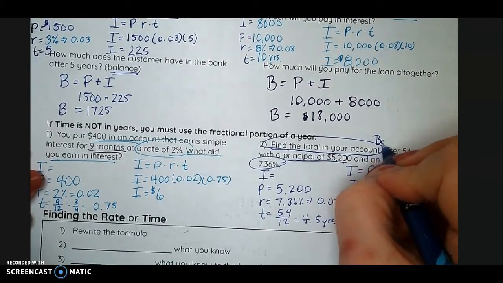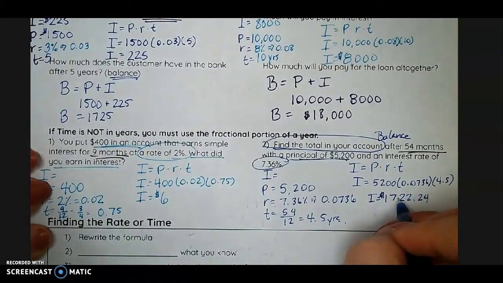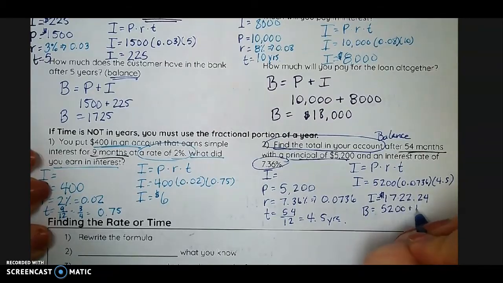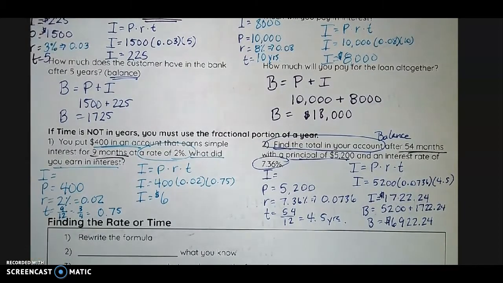That means it is looking for your balance. So I'm going to add these two up. So my balance is my principal amount plus my amount of interest, so that is how much money I have in my account now.